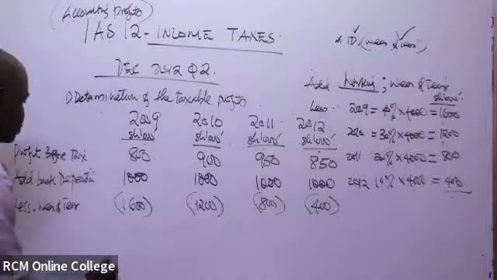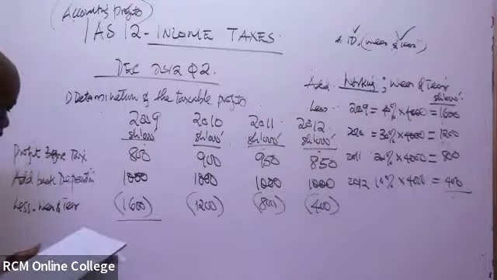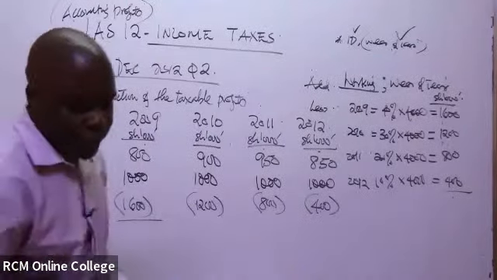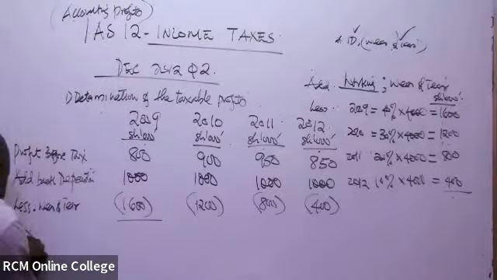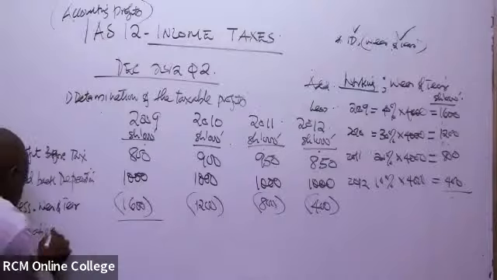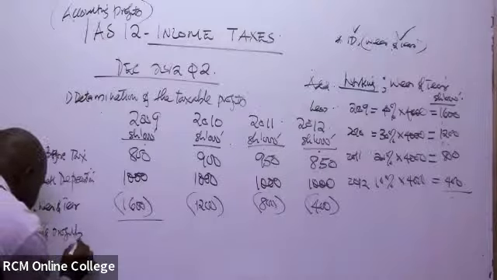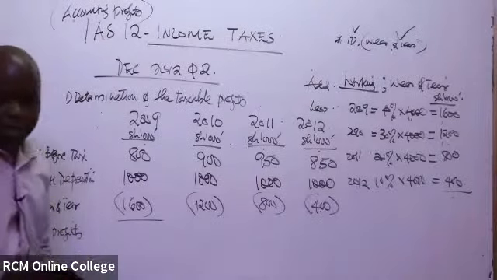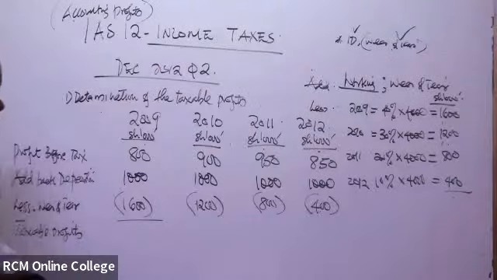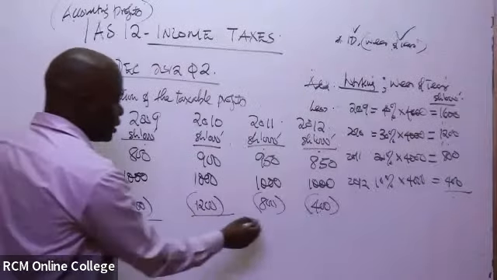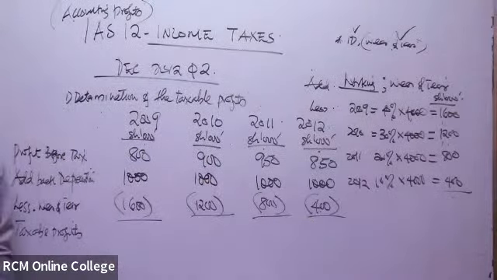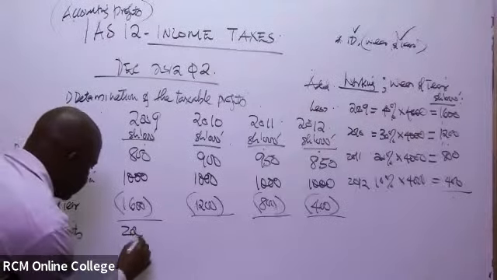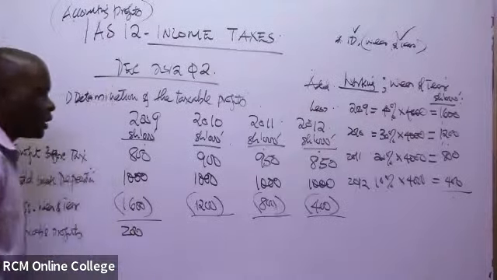So now the taxable profits will likely be how much? The first one, you can basically give me the figures. For the first one, it is 200.